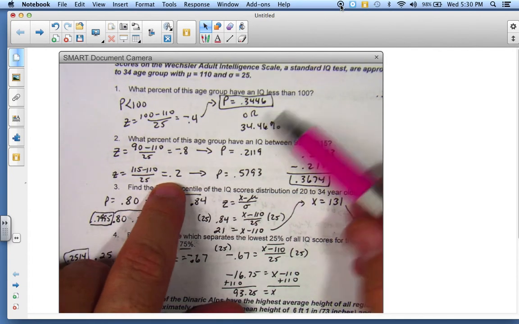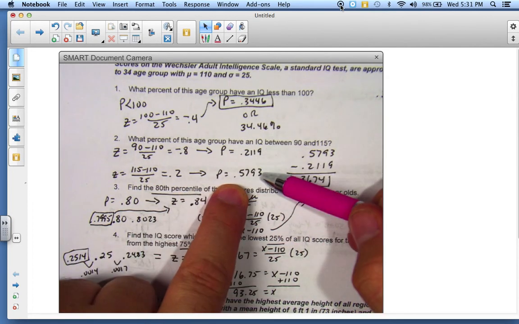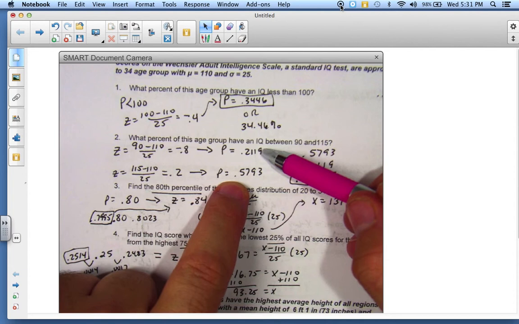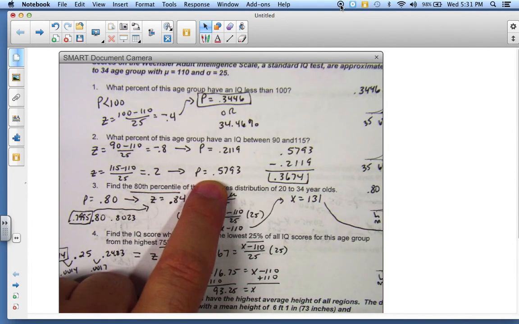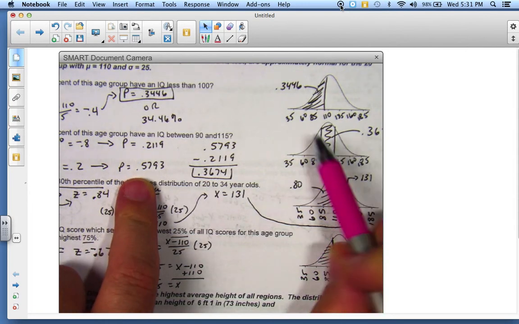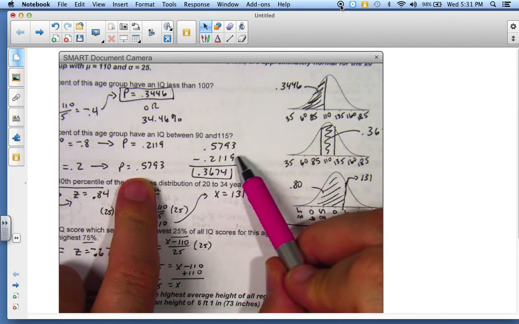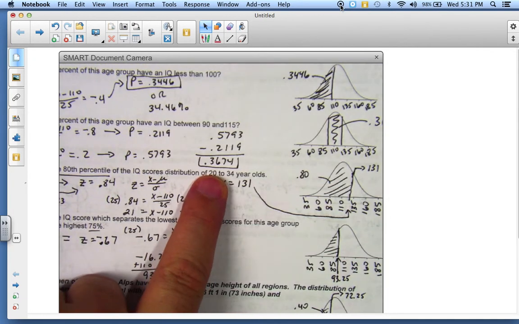We're going to convert both of those to a p-value. This is 0.5793. This is 0.2119. In order to get the distance in the middle, we want to subtract the smallest from the largest. And you get an area of 0.3674.